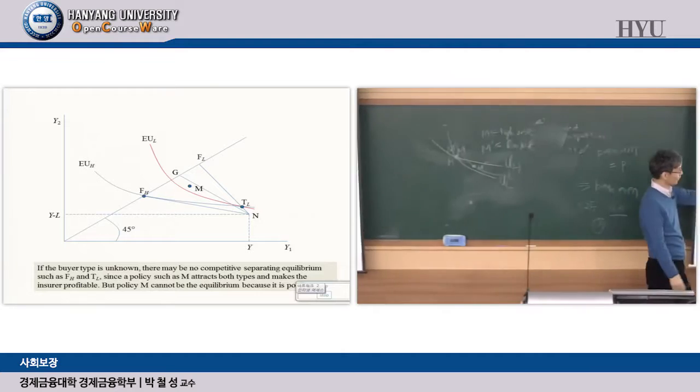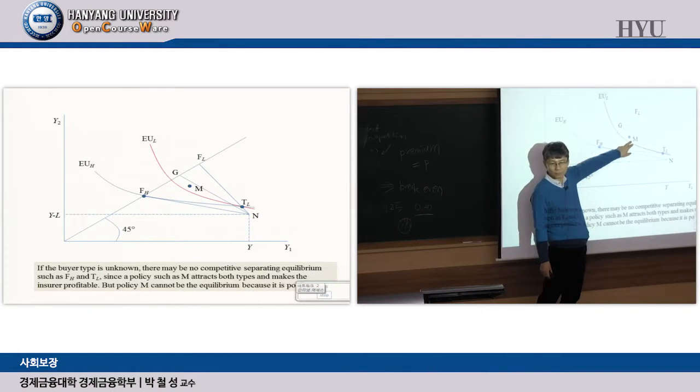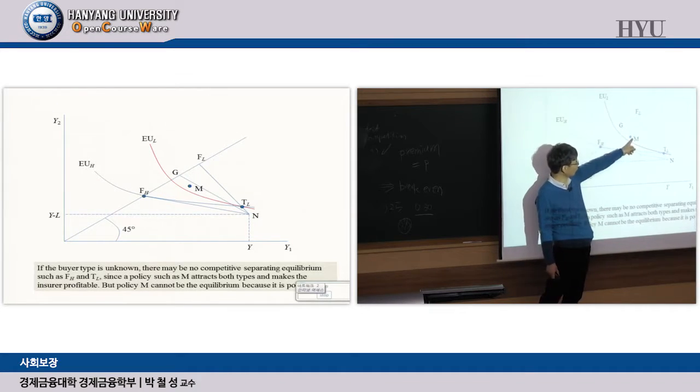Okay? Because the policy M is a profitable policy if you can sell it to both types, but it is a loss-making policy if you sell it only to high-risk types. So if you offer M in this economy, first you will attract both types, so you can make money.